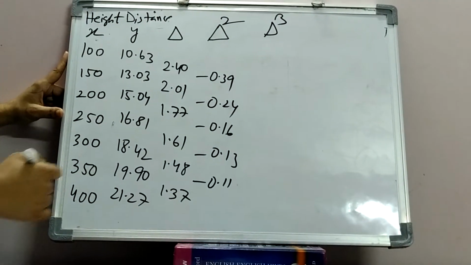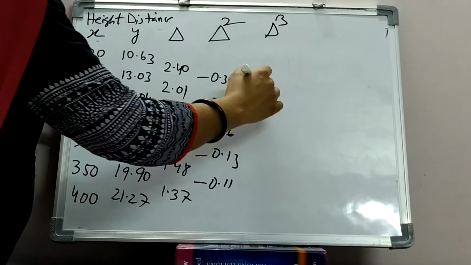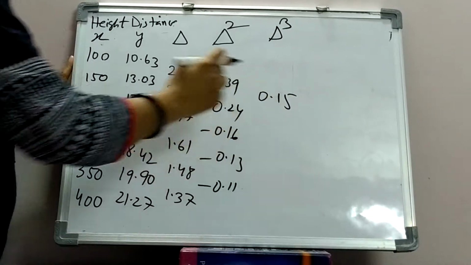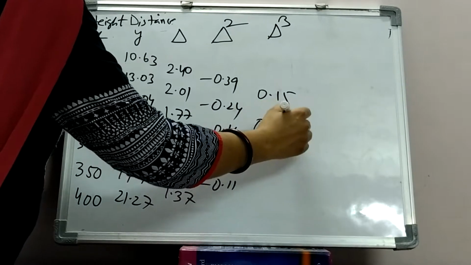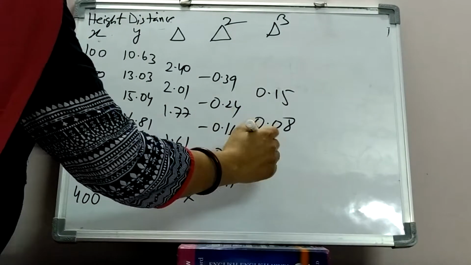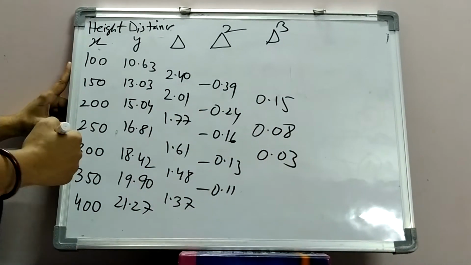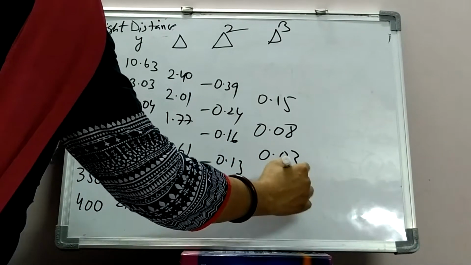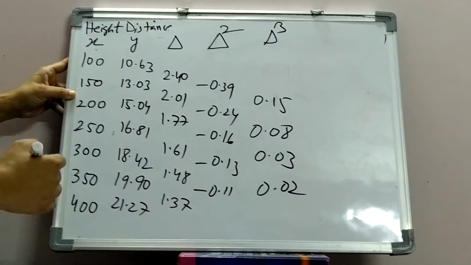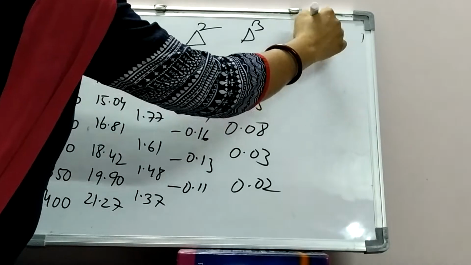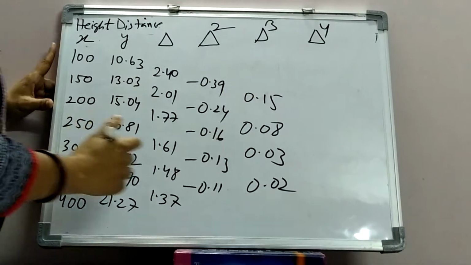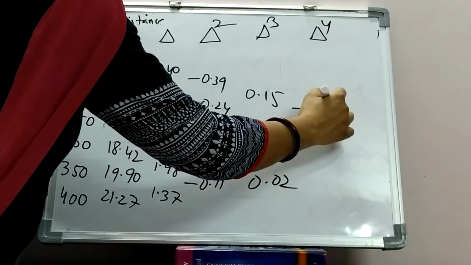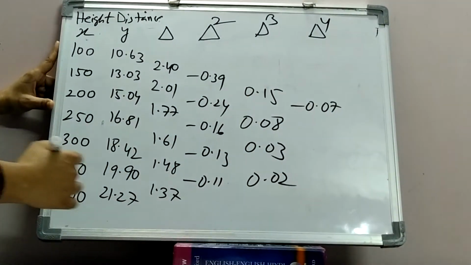Similarly, the third difference can be this minus this, so 0.15. In between we are writing this minus this 0.08, this minus this 0.03, and this is 0.02. Likewise for delta 4, this minus this gives minus 0.07.